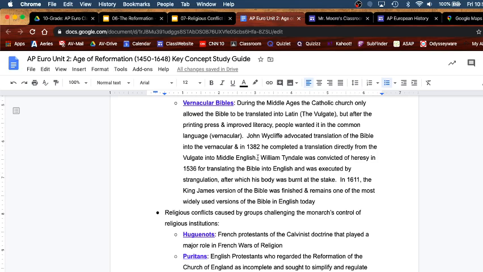There's a problem there because the original Bible was written, the New Testament mostly was written in Greek, and the Old Testament was written in Hebrew. So you already have it being translated from Greek in the New Testament and Hebrew in the Old Testament into Latin, and now you're taking it from Latin into English, and Old English at that.